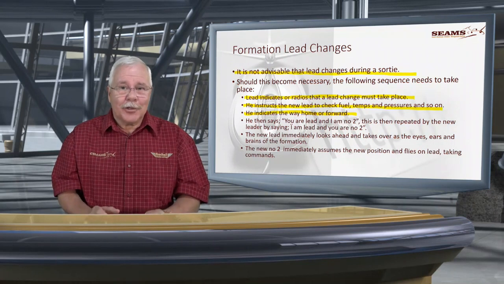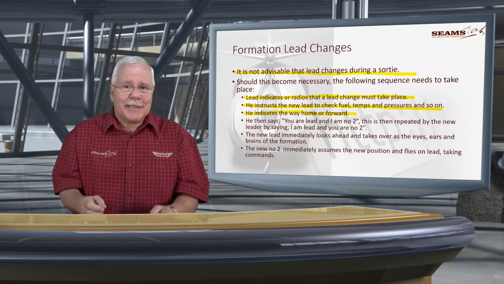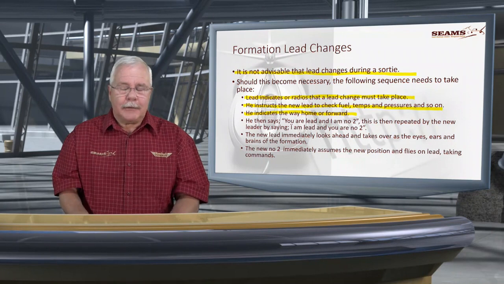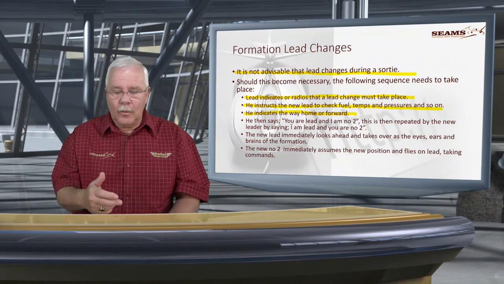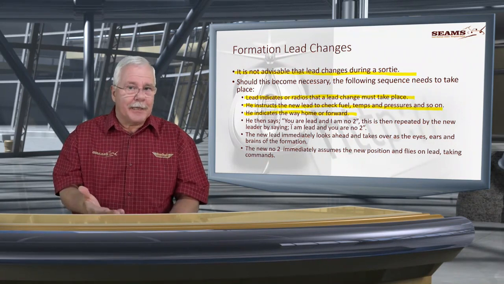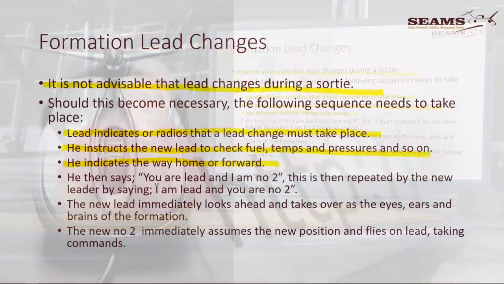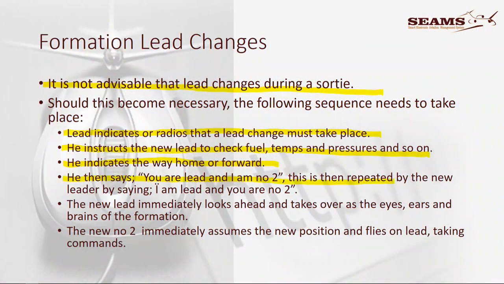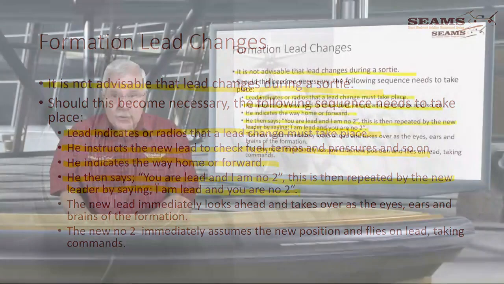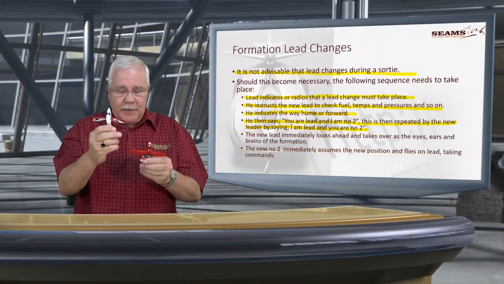Give him QDMs, or at the best, just say to him, bearing home that. Or we're over so-and-so if it's a known area. So orientate the other one. He says to the other one, you are lead, I'm number 2. This is then repeated.